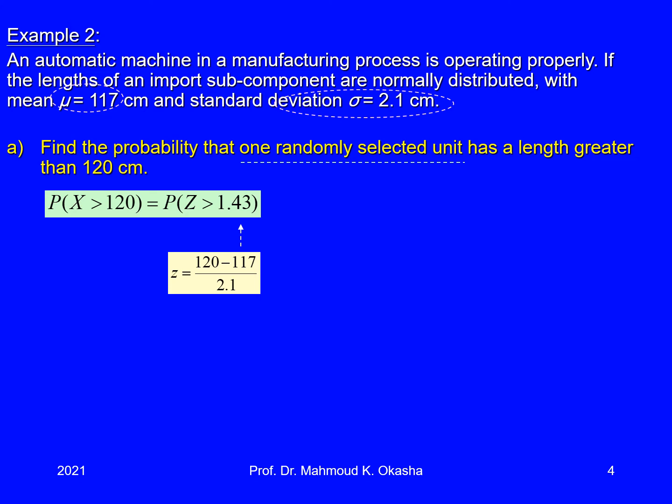So the probability of X greater than 120 equals the probability of Z greater than (120 minus 117, mu) over the standard deviation 2.1, which gives 1.43.